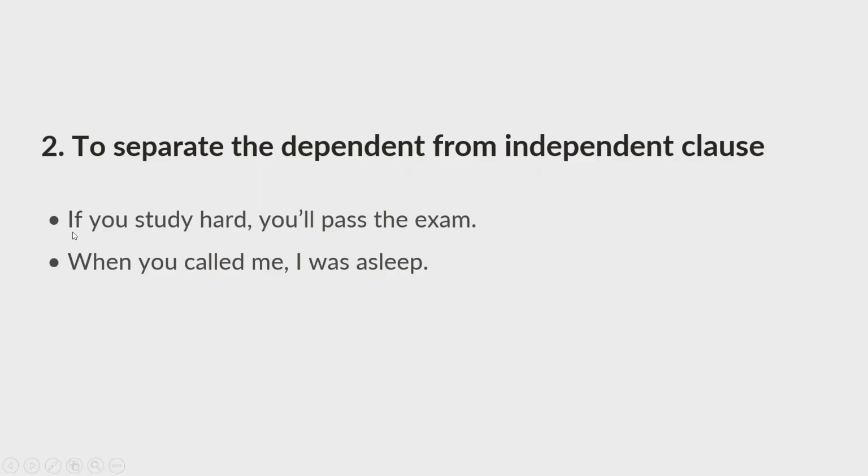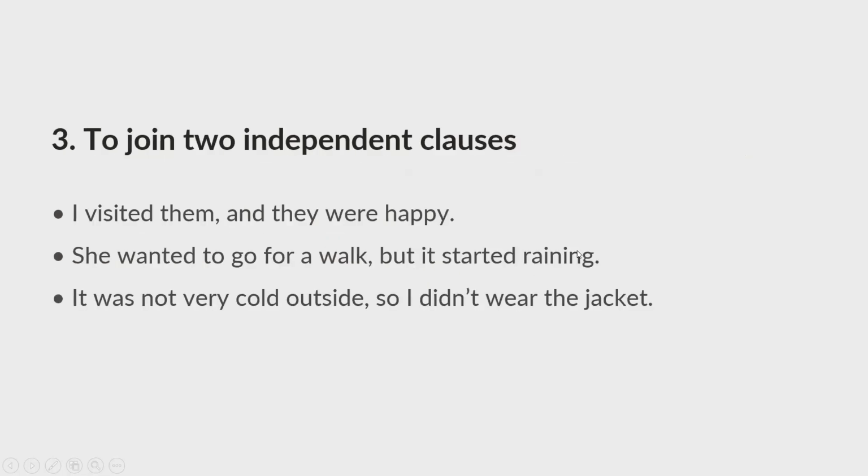Because it has the subordinating conjunction if, and here we have got when. And there are a number of subordinating conjunctions that you need to memorize. Here, the use of the comma is to separate two clauses, or to separate the dependent from the independent clause, specifically. The second example, when you called me, I was asleep. This part is dependent, so the use of the comma is to separate the dependent clause from the independent.